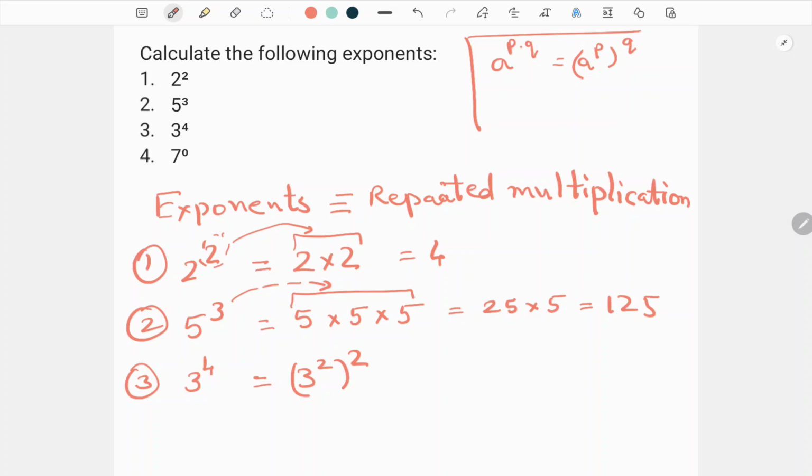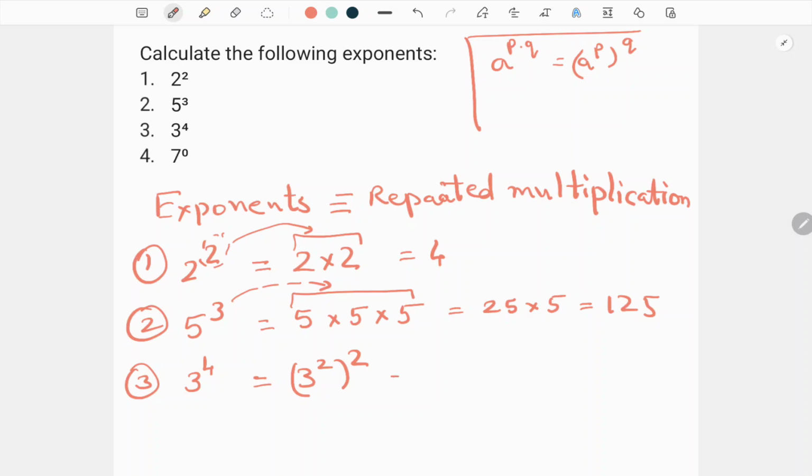This is a property of exponentiation, which says that raising a given number to a large power can be broken down into smaller components. So I don't want to raise 3 to the power 4 directly. I'm going to write 4 as 2 times 2 and break down the exponentiation into 2 steps that can simplify the operation.